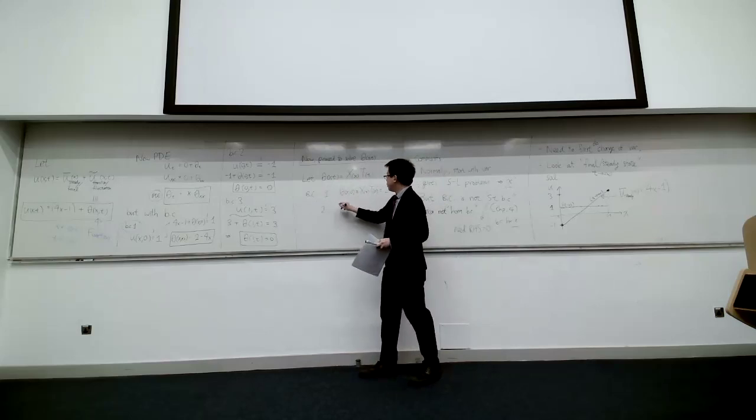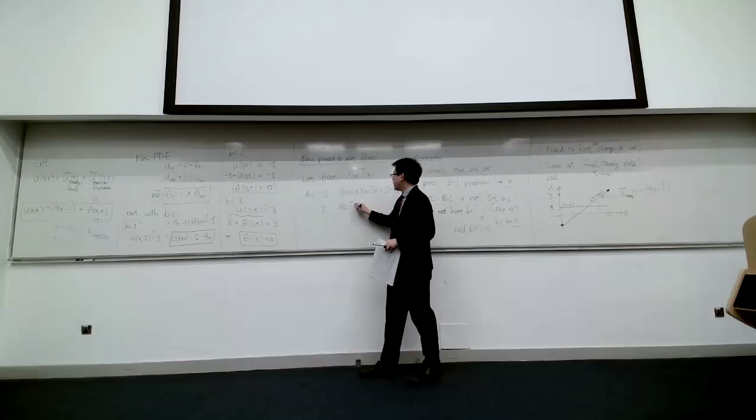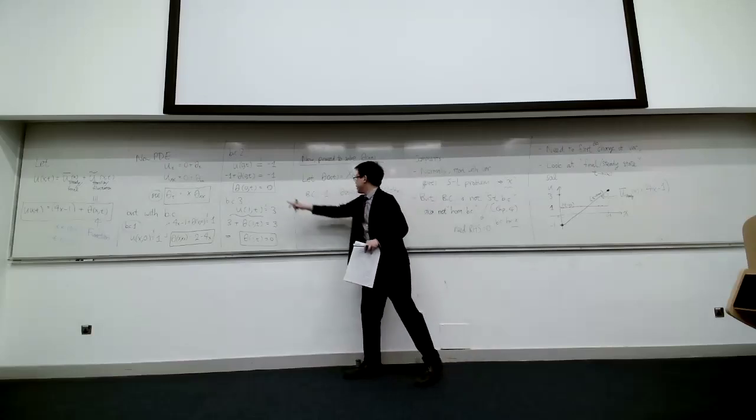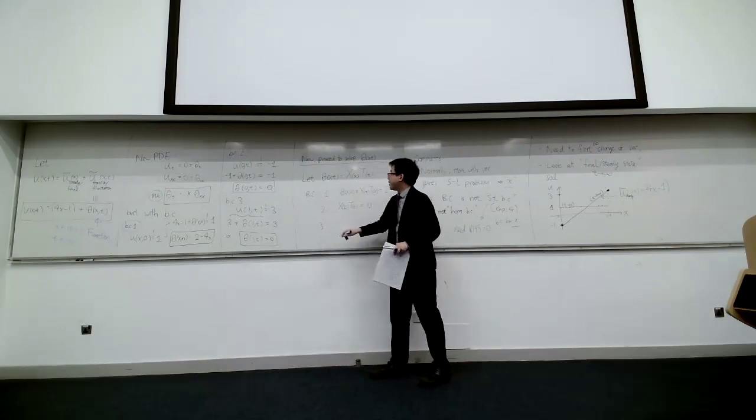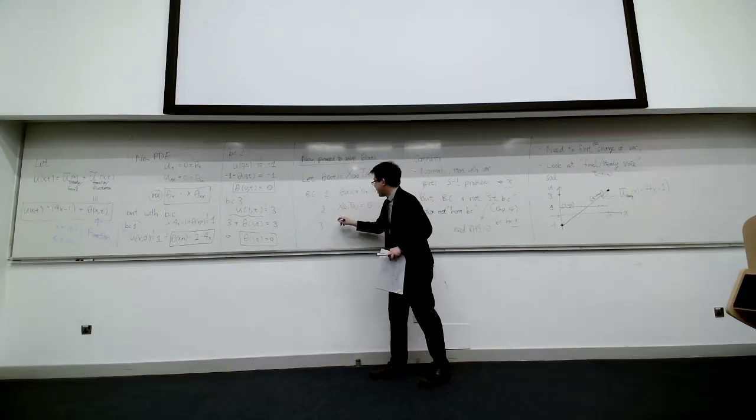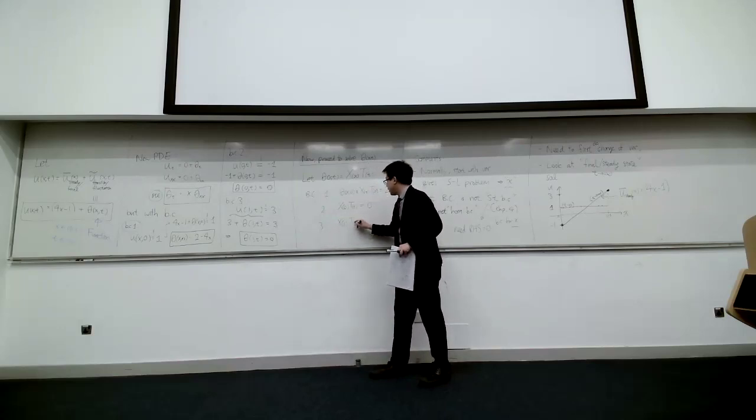Boundary condition 2 is basically X of 0 times T of t equals 0. Boundary condition 3, the modified one for theta, is X of 1 times T of t equals 0.